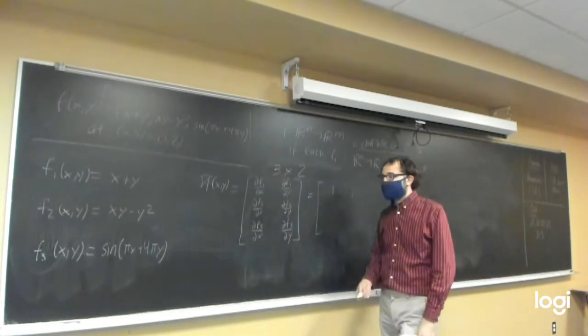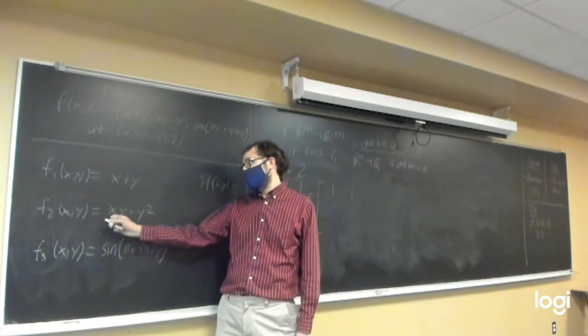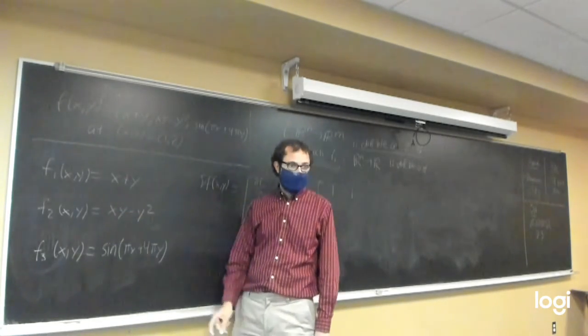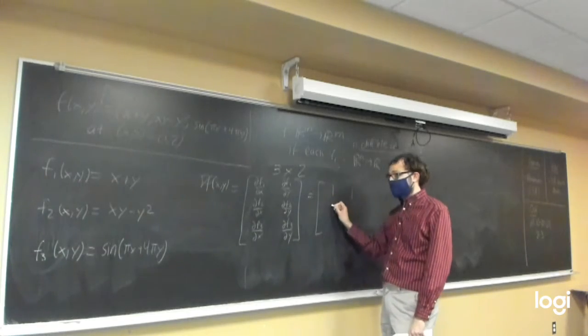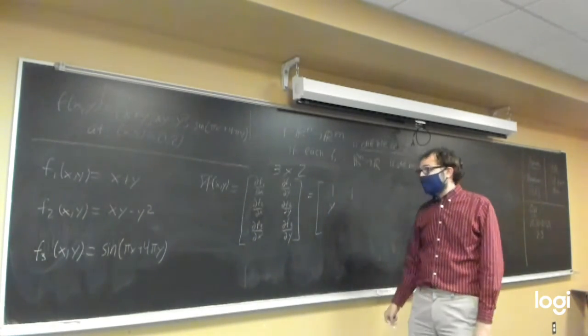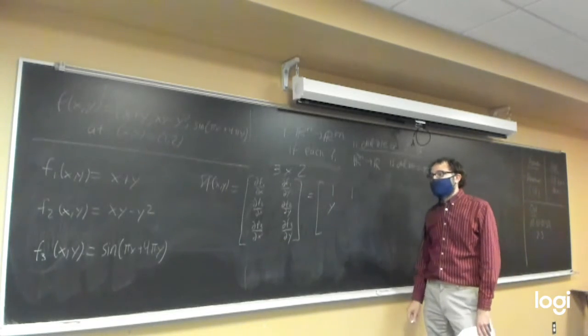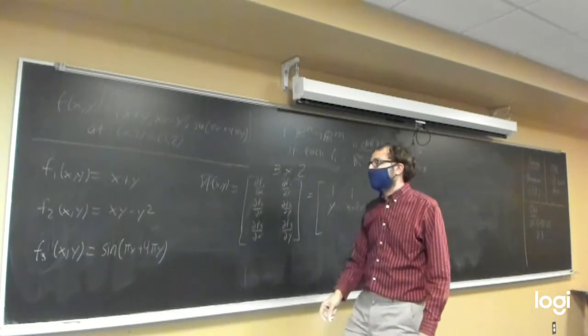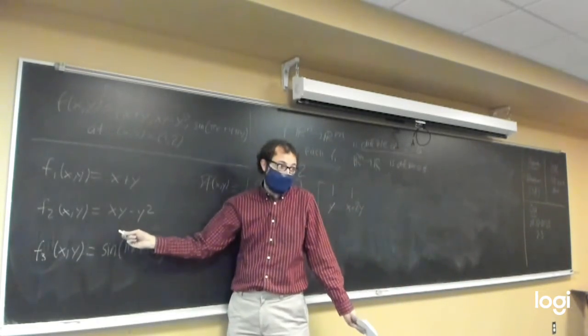With respect to x, we're going to get y for the derivative of x times y, and then minus 0, because y squared is a constant. So derivative of f2 with respect to x will just be a y. With respect to y, we're going to get x minus 2y, if we treat y as our variable when we differentiate and x as a constant.